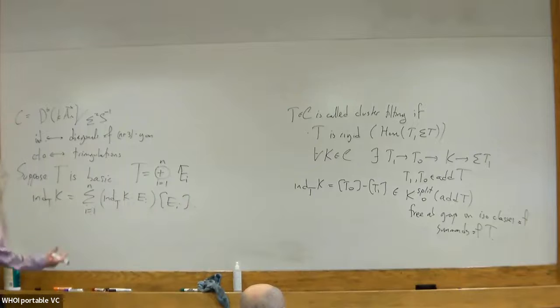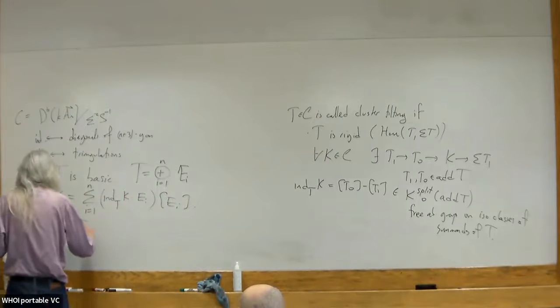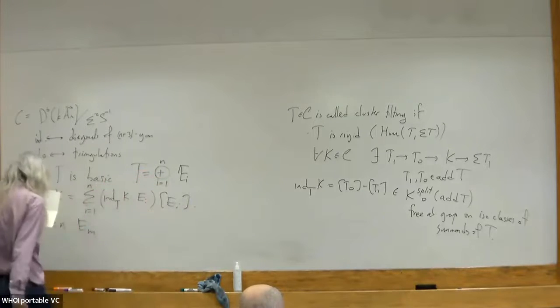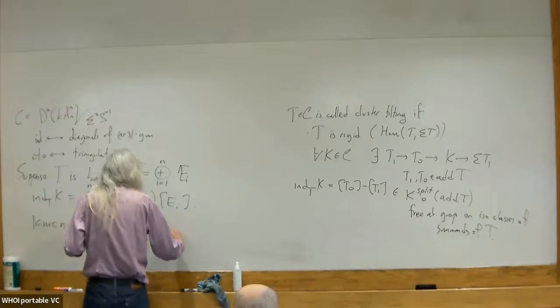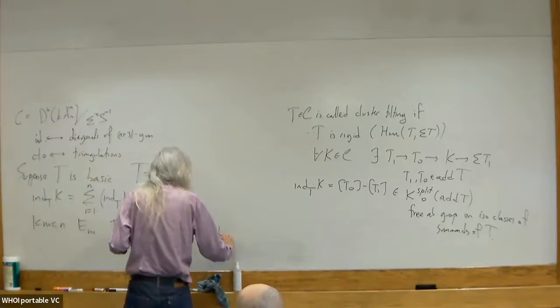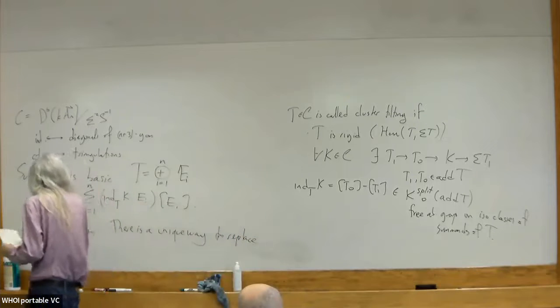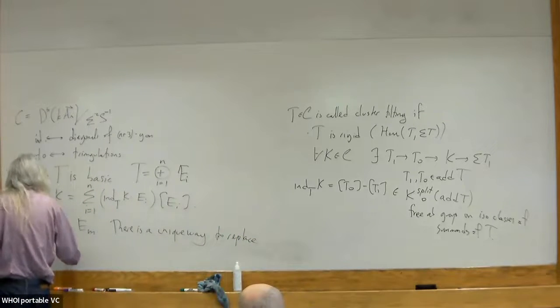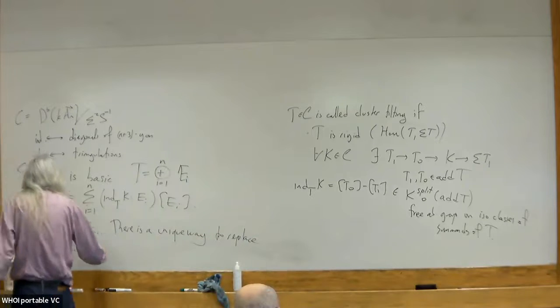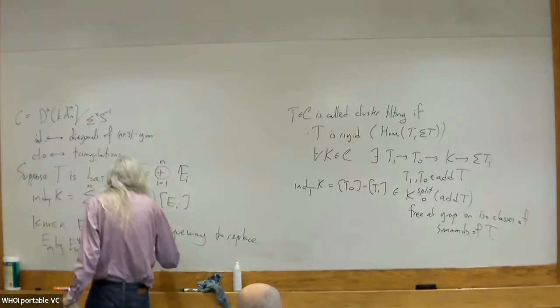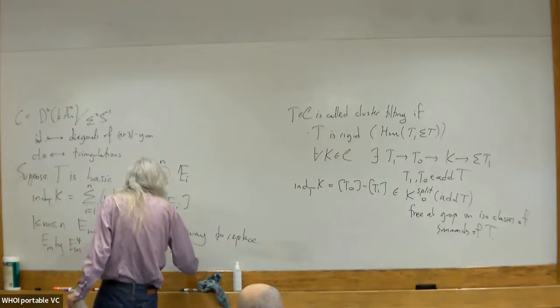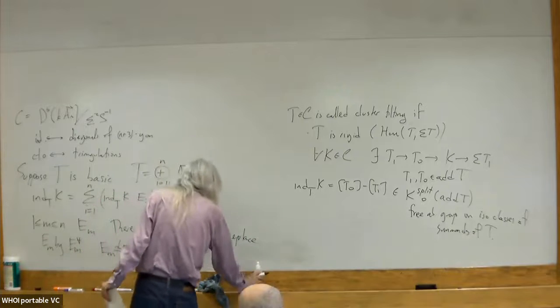Okay, so what can we do with the cluster tilting object? For any m, we can look at E_m, this particular summand of T. There is a unique way to replace E_m by some other object, E_m star, not isomorphic to E_m, such that T star, which is going to be my notation for E_m star plus the rest of the E_i, is still a cluster tilting object.